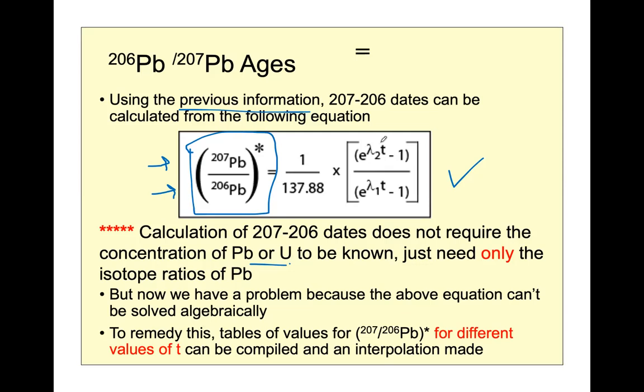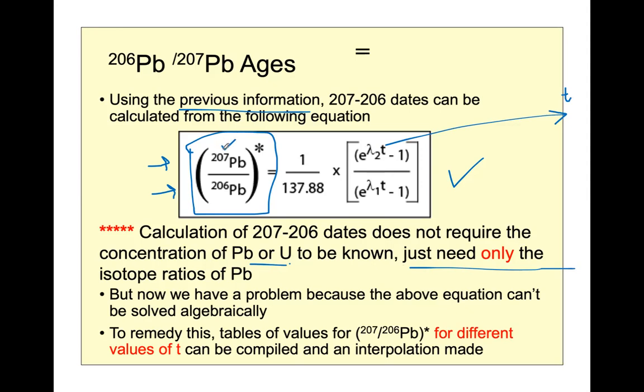Other terms are lambda and T. So this is a very simple equation now. And what we need is just the isotope ratios of 207 and 206 to determine this T, right? This T can be determined if you know the isotope ratios of 207 and 206.